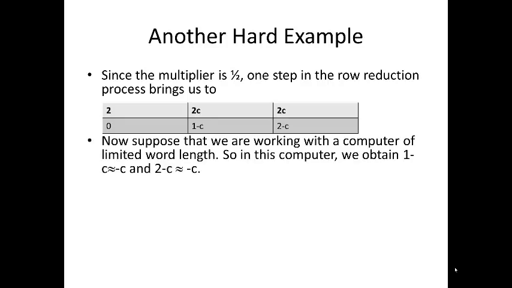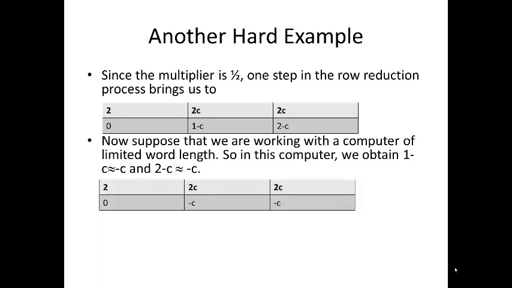So in this computer we would obtain 1 minus c is equal to minus c, and 2 minus c is also equal to minus c. Again, because c is a parameter that can take on very large values. So what we end up with is 2, 2c, 2c; 0, minus c, minus c.